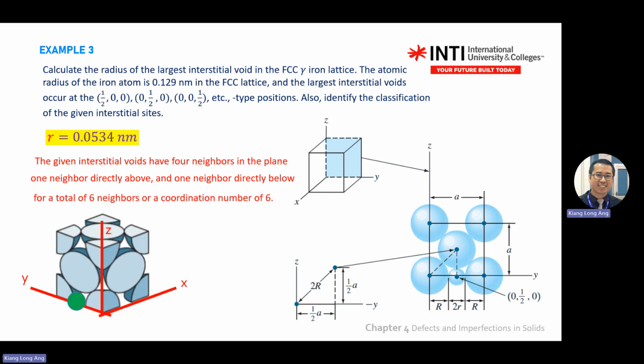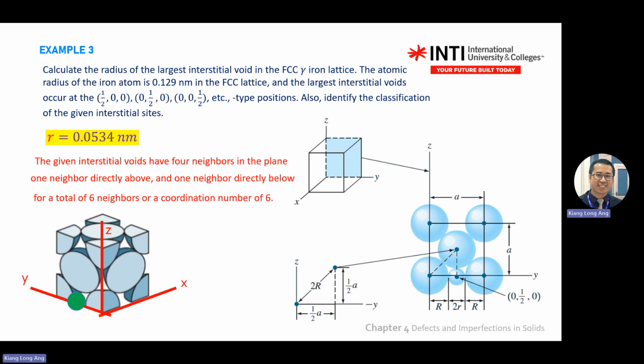Right. So the total neighbors, or coordination number, is 6. Can you imagine the solute atoms, this one, the green color, has a coordination number of 6? Can you imagine 6 members around the green ball? You are the green ball. How many atoms or spheres are you touching? 6, right?